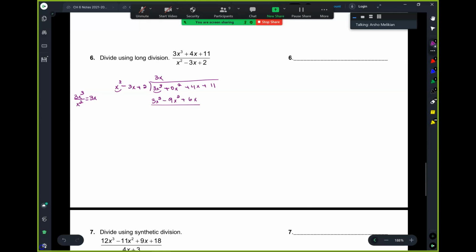So we're going to subtract. One way to do that is by changing the signs and adding. So that goes away. 9x squared minus 2x plus 11. 9x squared divided by x squared is just 9, so plus 9.